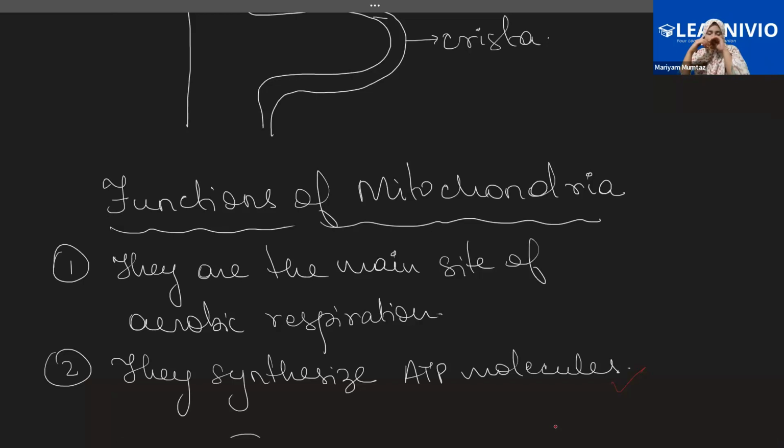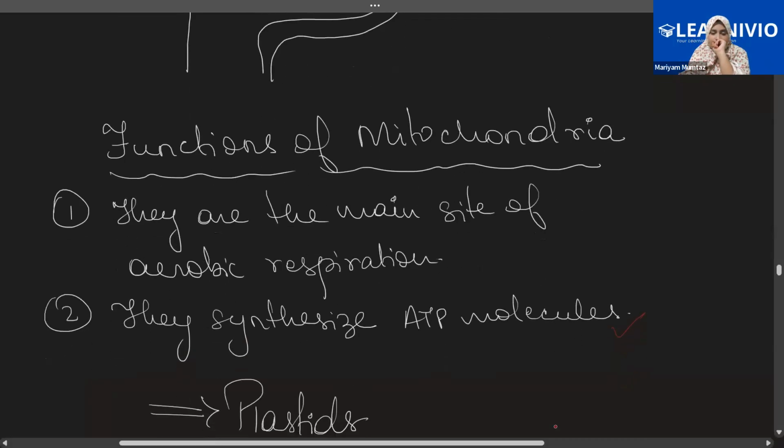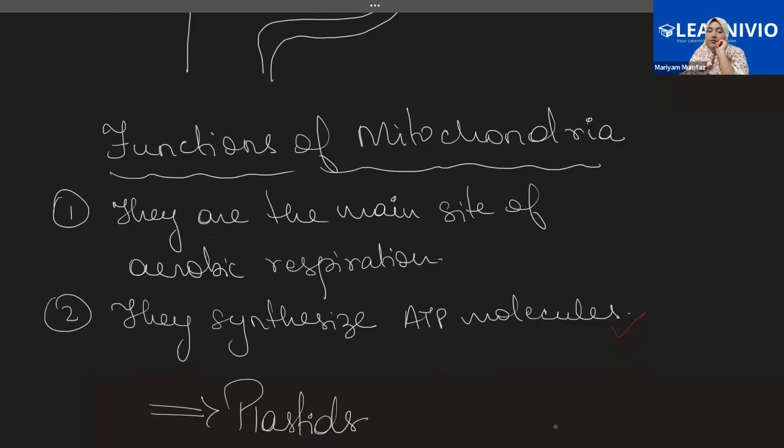No, ma'am. So, ma'am, here the gaseous exchange also takes place, correct? No. But it has the aerobic respiration. See, aerobic respiration doesn't mean gaseous exchange. That is a different thing. Aerobic respiration is when, in the presence of oxygen, those substances are broken down to release energy. That happens inside the mitochondria.